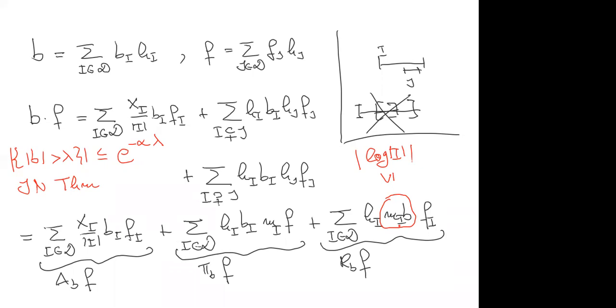Now, if you look at this last term, how this b_I appears there, it's as a Haar multiplier. That means you have a function for which you have a Haar expansion, and each Haar term you multiply with some constant. And this constant is the b_I. And this can be unbounded in general for a BMO function. So this here is an operator which doesn't map boundedly from H1 to H1 or even to L1.